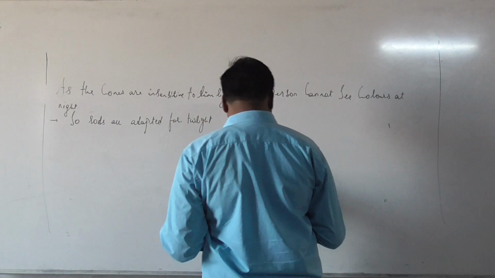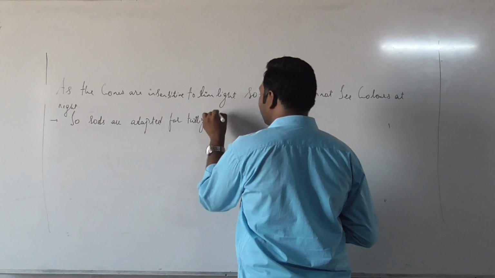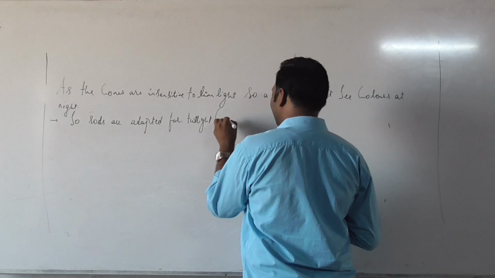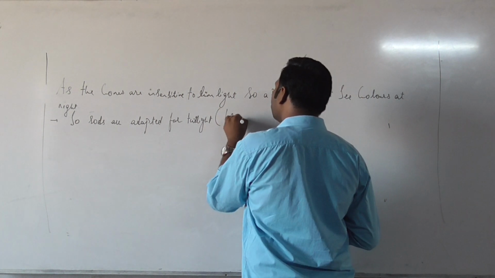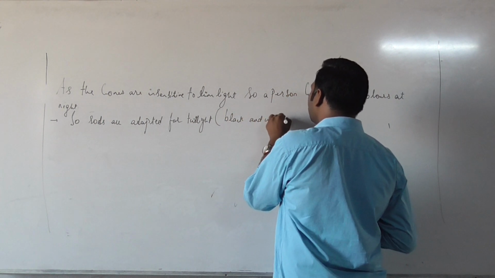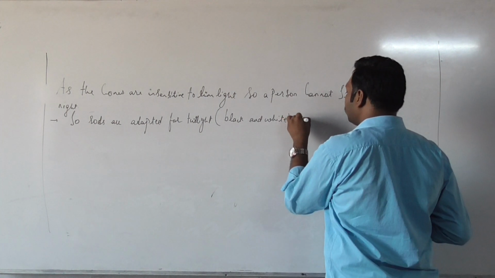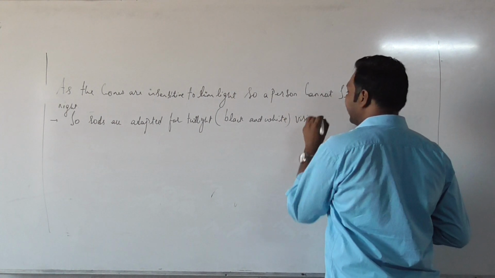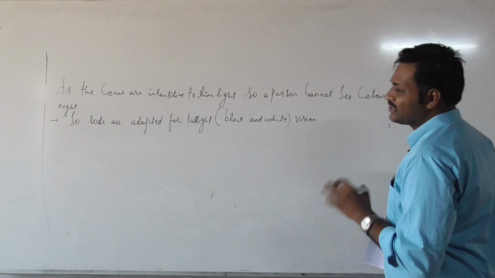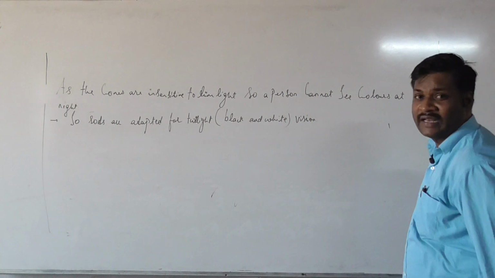Now what do you mean by twilight? Twilight means it will be the black and white vision. So rods are adapted for twilight type of vision, that is the black and white.